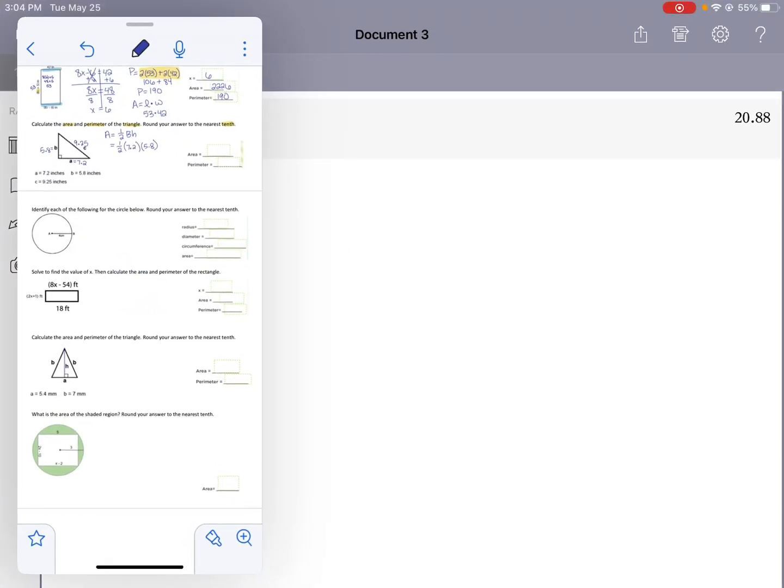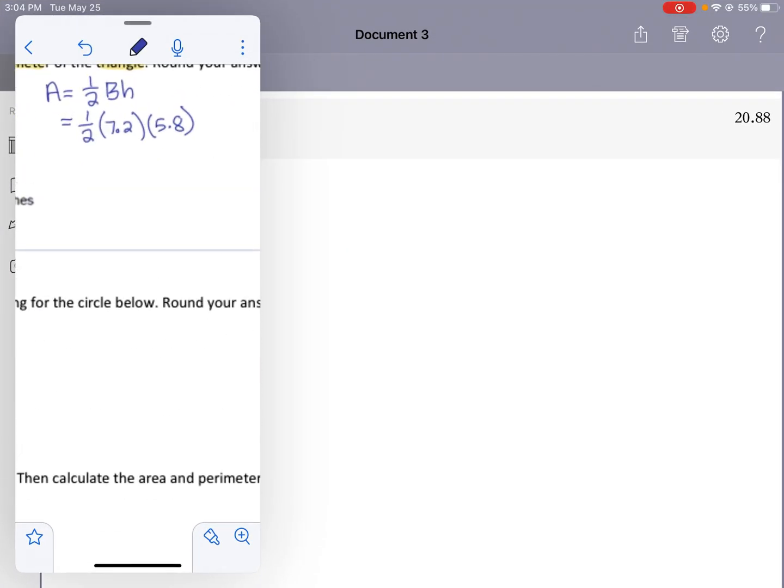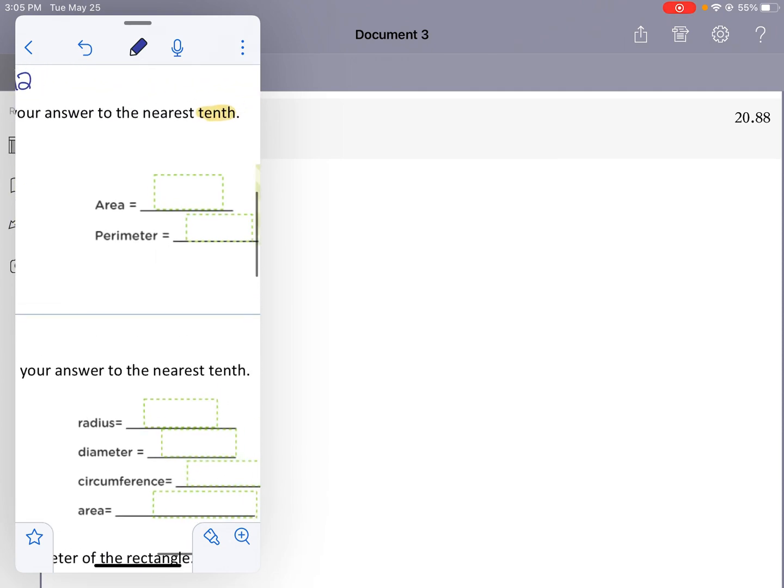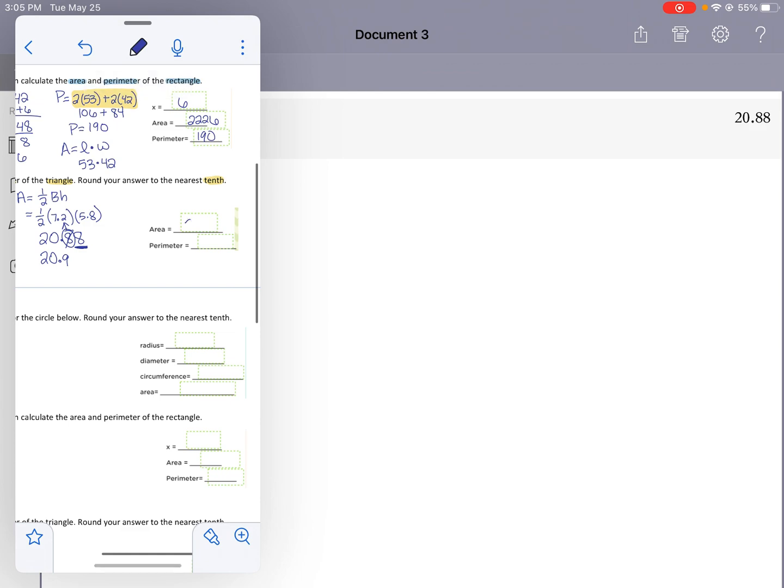Okay, so I get 20.88. Okay, it says round to the nearest tenth, so this 8 is going to go up to a 9, so it's 20.9. So my area is 20.9.